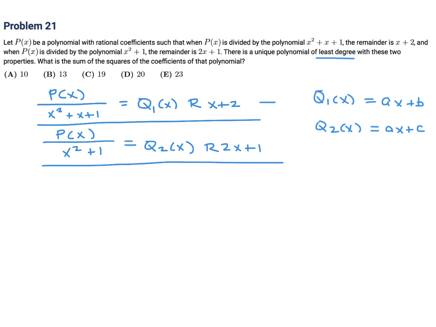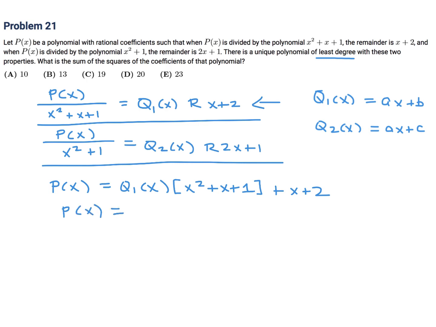So let's go with the first one. Essentially what that means is that p of x is equal to q1 of x times x squared plus x plus 1, plus the remainder. The second one, very similarly, would be p of x equals q2 of x times x squared plus 1, and now you add 2x plus 1.